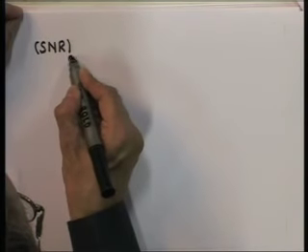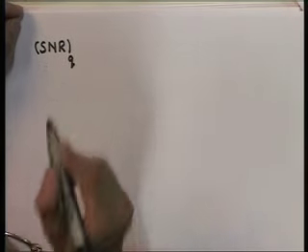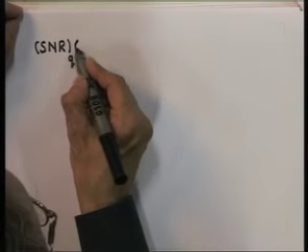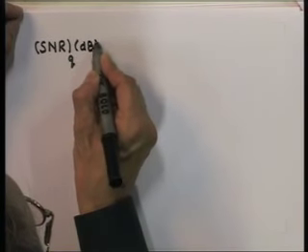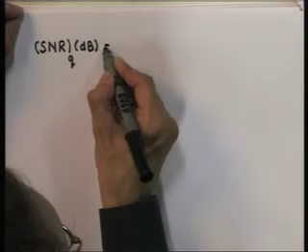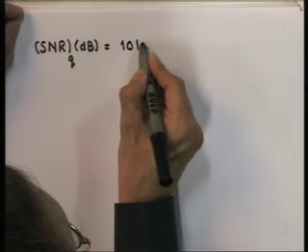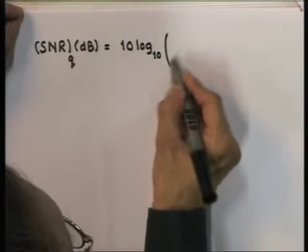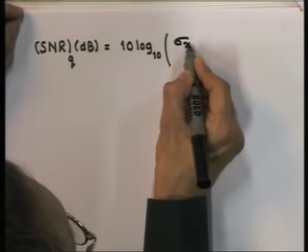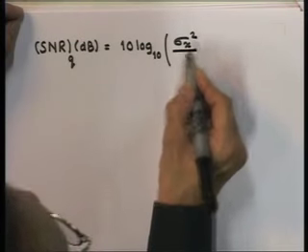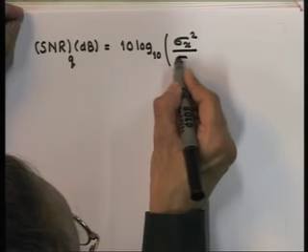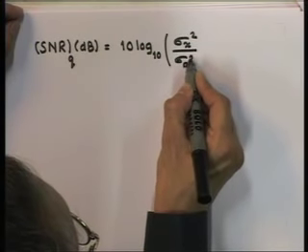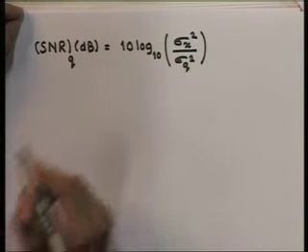which is, to repeat again, the signal to quantization noise ratio in dB, that is in decibels, is equal to 10 log to the base 10 of signal variance divided by quantization noise variance.